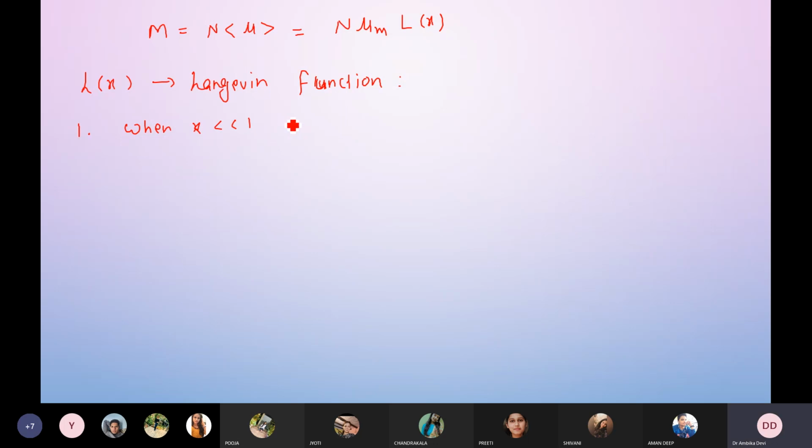What was x? x was mu m B upon kBT. When this value is very less than 1, it means that either the temperature T is very high or the magnetic field is very small.